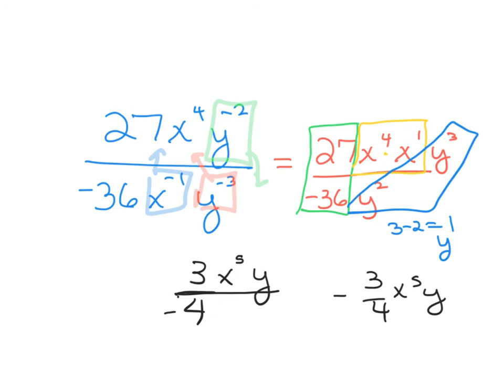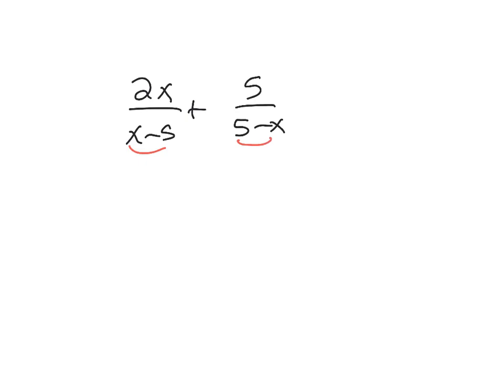Let me do 2 more adding and subtracting problems just to practice that one more time. So if we have 2x over x minus 5 plus 5 over 5 minus x, if you realize that these two denominators are the same thing except they're opposite, what I could do is multiply this one by negative 1.